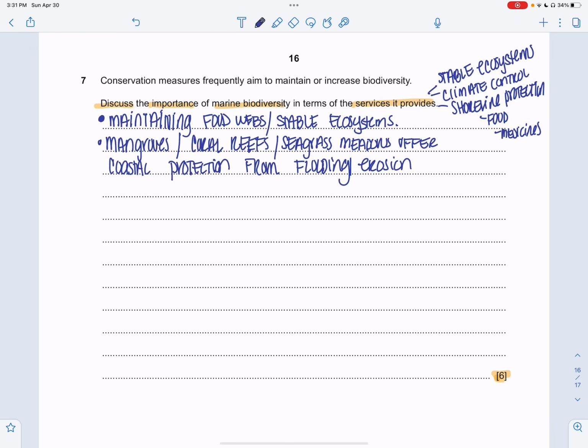So like mangroves and corals, they will absorb the wave energy so that it's kind of like taking the first punch from the waves before it hits the shoreline, thus decreasing erosion. And seagrass meadows, when they're healthy, will be able to anchor in the substrate and hold down the soft substrate from eroding.